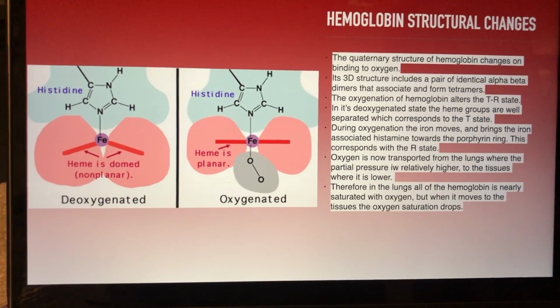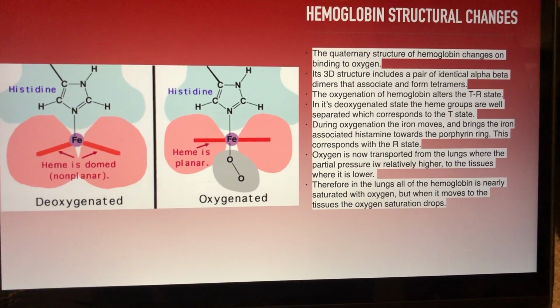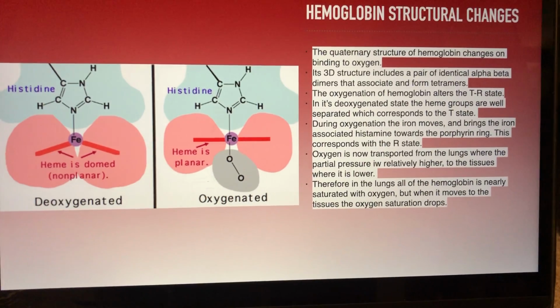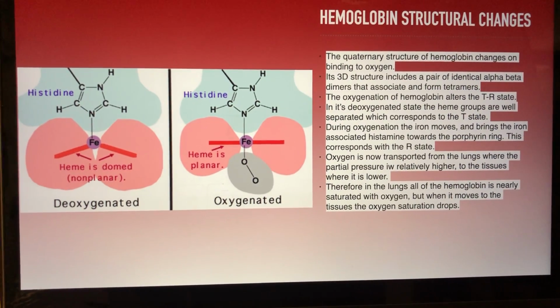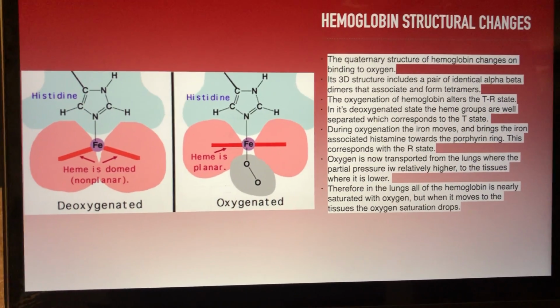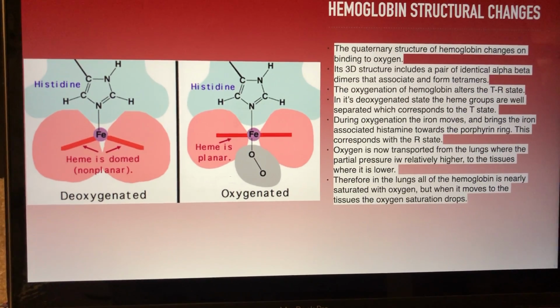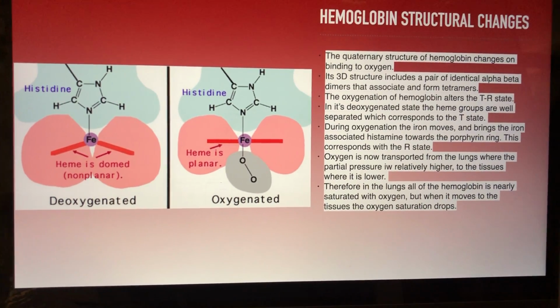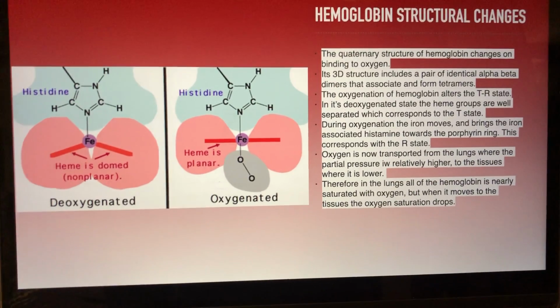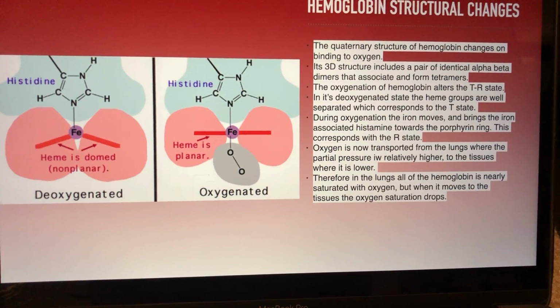Its 3D structure includes a pair of identical alpha and beta dimers that associate and form tetramers. And then the oxygenation of the hemoglobin alters the T and R state.